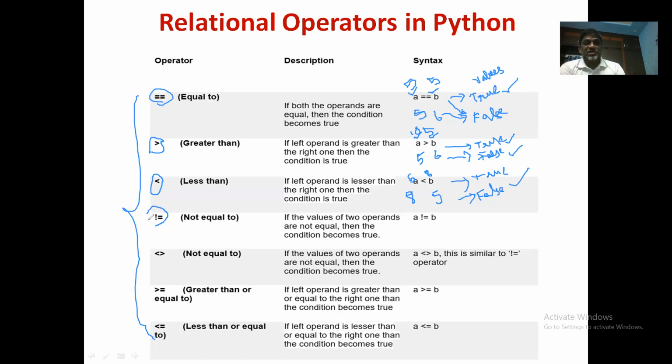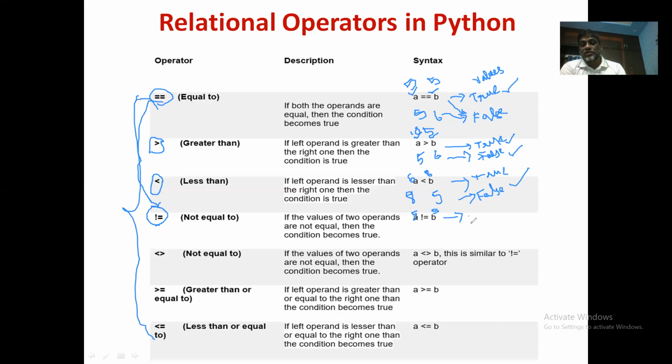The next symbol is not equal to. This is opposite to the equals to operation, these two are complements of each other. If operands are different, this returns true, whereas if operands are the same, this returns false. Which means that if A is 5 and B is 5, then this returns false.